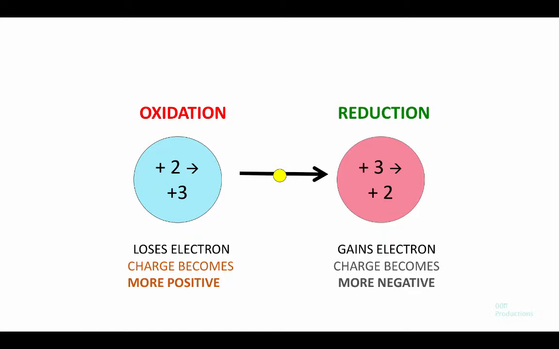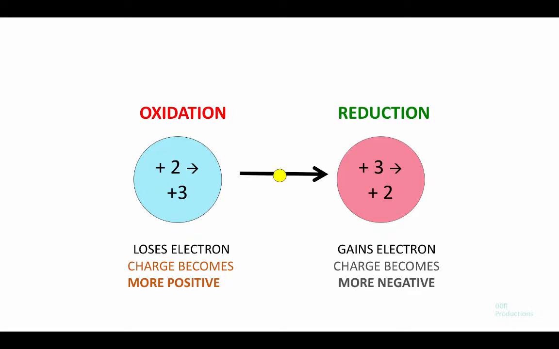So as your blue atom loses an electron, it's going to become more positive. Its charge is going to change from +2 to +3. So it's increasing. Your red atom is gaining an electron. That's going to change the charge from +3 to +2.